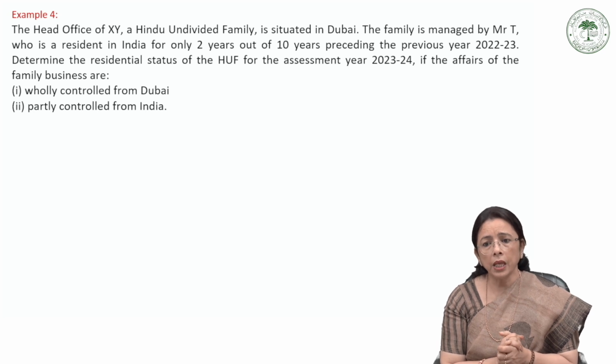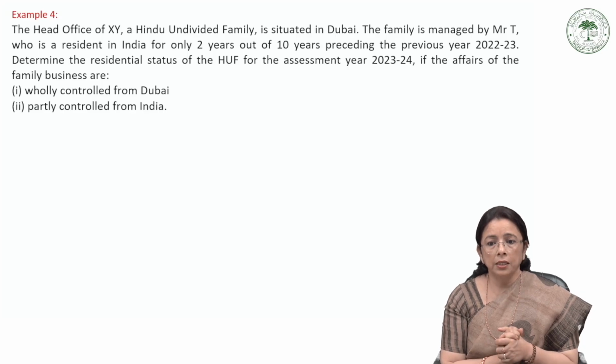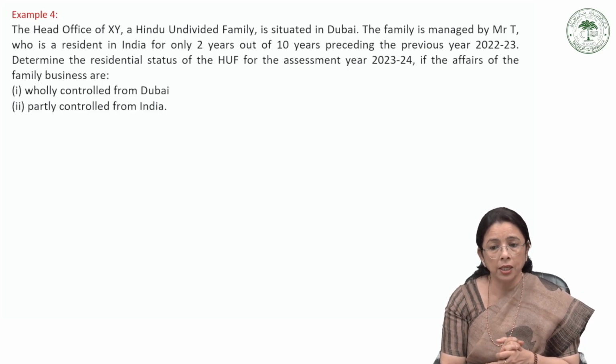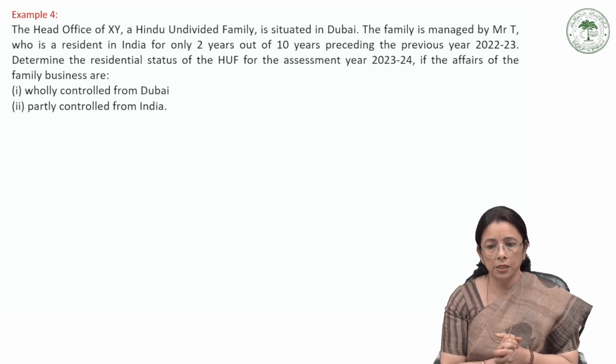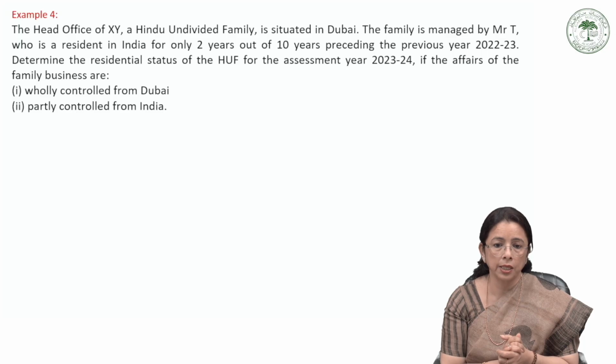However, it would be ordinarily resident in India if Karta satisfies the additional conditions which are laid down in part 2 of section 6 para 6 subpara A, and those two conditions need to be fulfilled, and both have to be fulfilled.